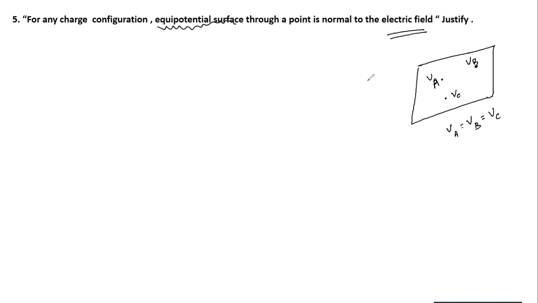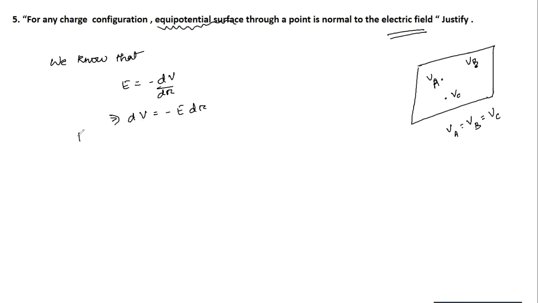Now we have a relation between electric potential and electric field. It is nothing but E equals minus dV by dr. This is the relation between electric field intensity and electric potential. So if we express electric potential in terms of electric field, we get something like this.